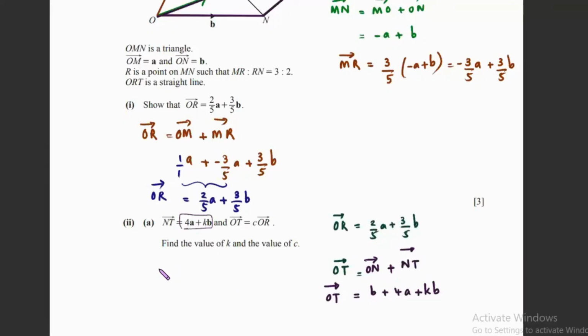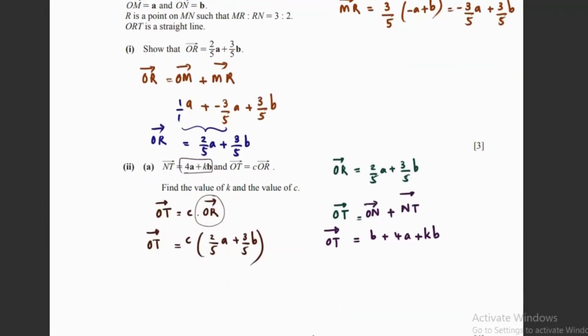We also know that O to T is given to us in the question as c times O to R, which means I can write it as c times O to R. We already found what O to R is in the previous question, so I can write it as 2/5 A plus 3/5 B. This is equal to O to T. Now, what I'm going to do next is expand this. So I'm going to multiply this 2/5 A with this c, and this 3/5 B with this c again.